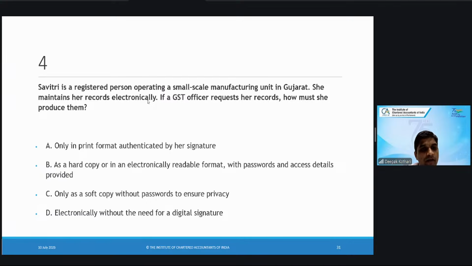As a hard copy or in an electronically readable format with password and access details.